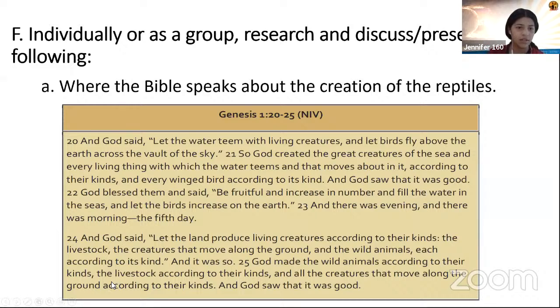And God said, "Let the land produce living creatures according to their kinds: the livestock, the creatures that move along the ground, and the wild animals, each according to its kind." And it was so. Verse 25 says, God made the wild animals according to their kinds, the livestock according to their kinds, and all the creatures that move along the ground according to their kinds. And God saw that it was good.